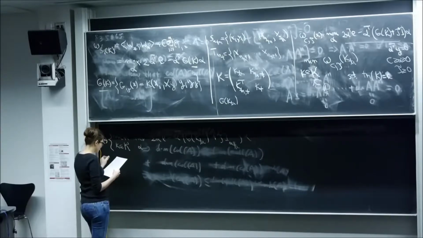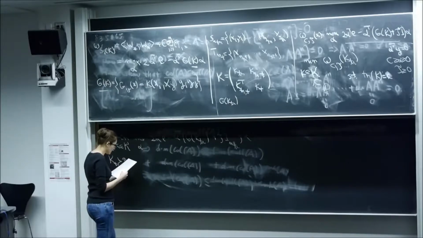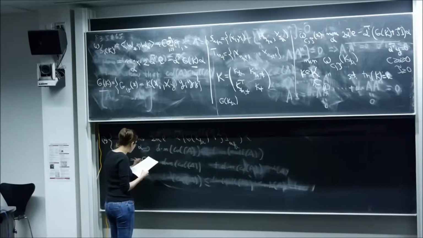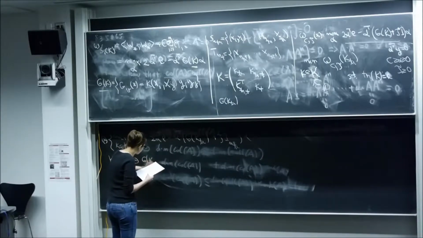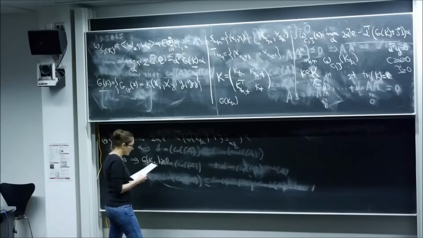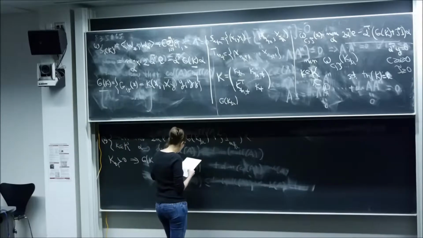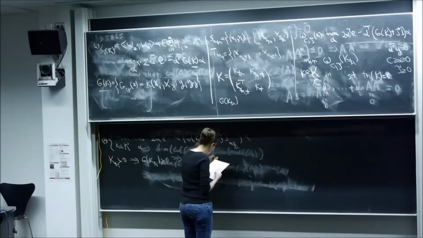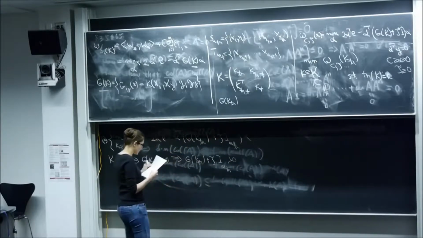So now assume that K train is positive definite. Then it results that G of K train is also positive definite, which means that G of K train plus tau I n train is also positive definite.